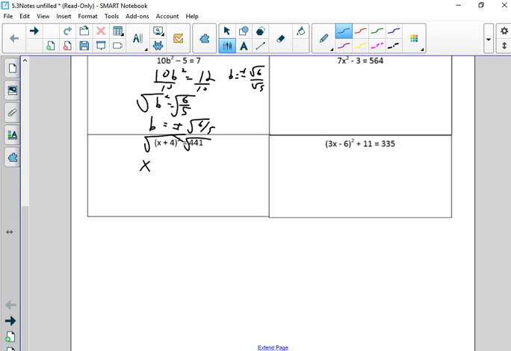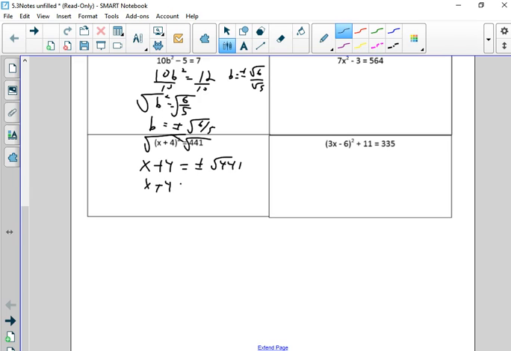So we have x plus 4 equals plus or minus the square root of 441. And now we just have to do some work. Guess what? Square root of 441 is a perfect square. So this is actually 21.